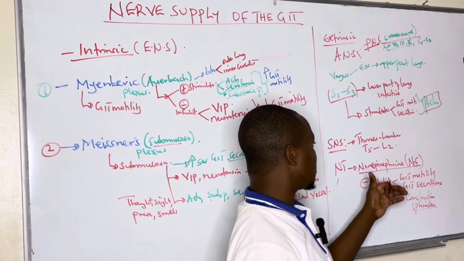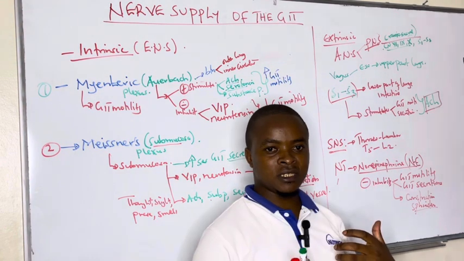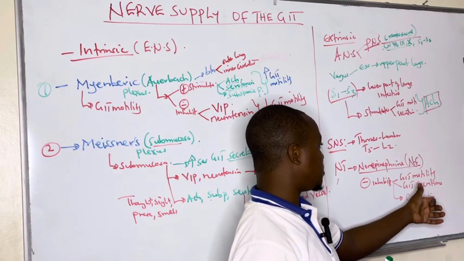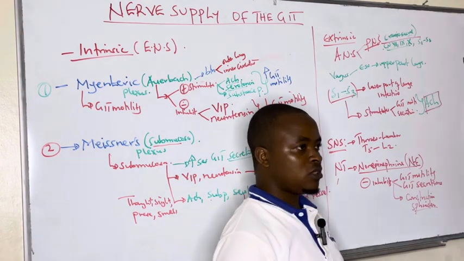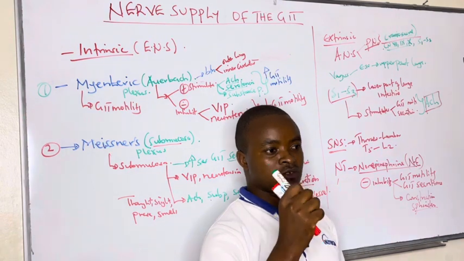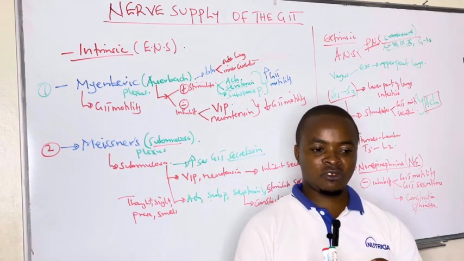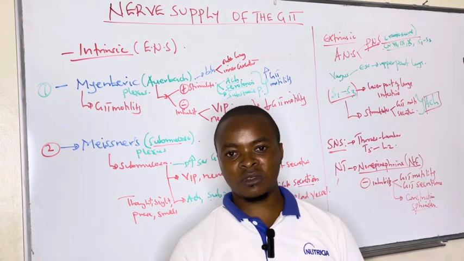The sympathetic uses norepinephrine as a neurotransmitter, and it inhibits GIT motility and secretion, and also causes constriction of the sphincter muscles that regulate movement of food substances within the GIT.